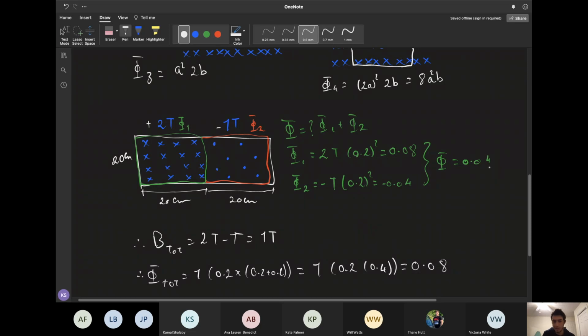Oh my goodness, I'm so sorry. Okay, so 2 multiplied by 0.2 squared, that's 0.8. This should be 8. And this should be 4. I'm doing something wrong here, because it should give the same answer. Okay, this gave us 4.